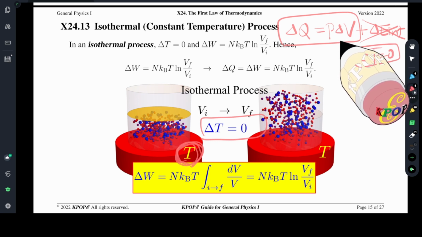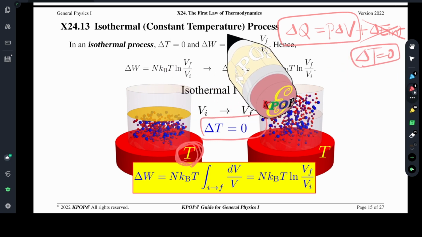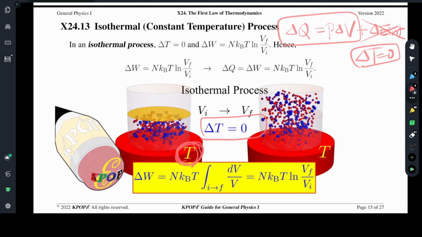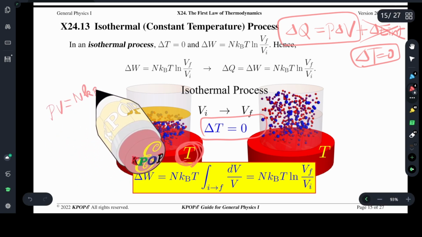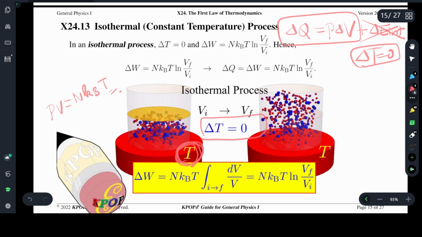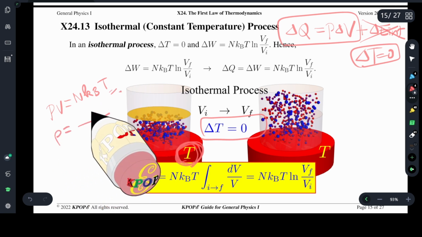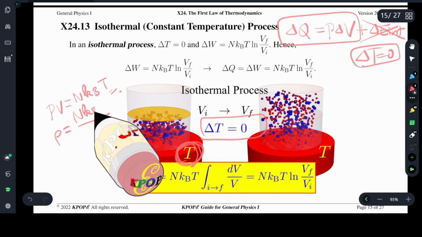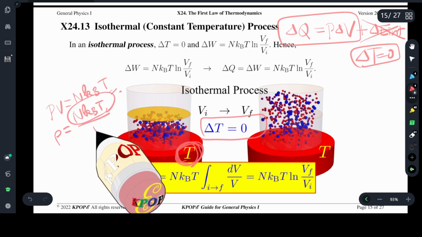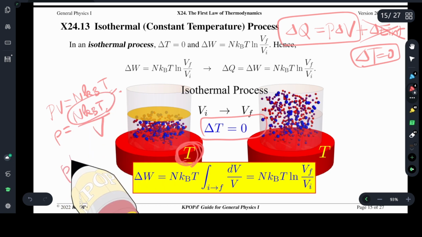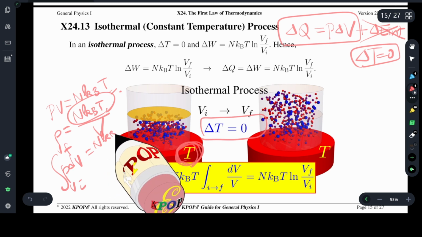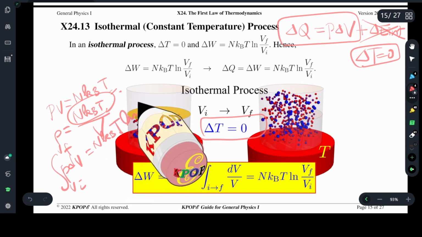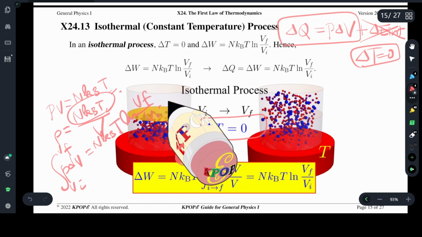This leads to the identity that the supplied heat is completely used as the work done by the gas. And the work done by the gas in an isothermal process: PV equals N k_B T, with isothermal temperature the same, so the pressure is N k_B T, that is constant, divided by V. So the work done by the gas during this process from V_i to V_f is N k_B T, which is constant, times the log of V_f over V_i.